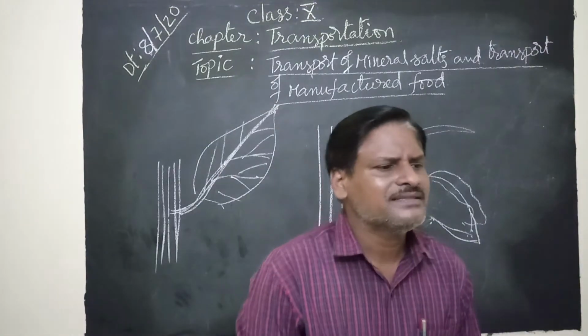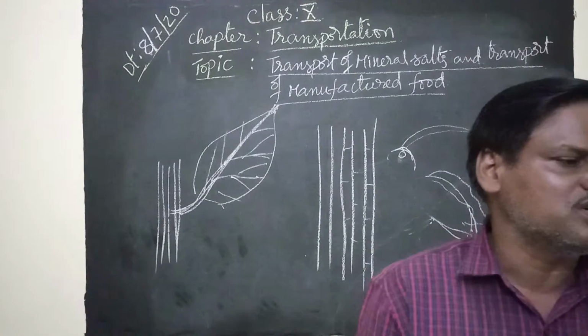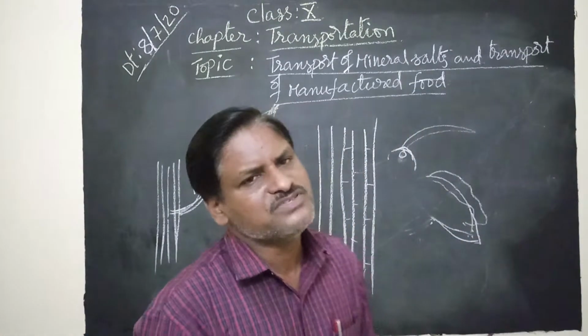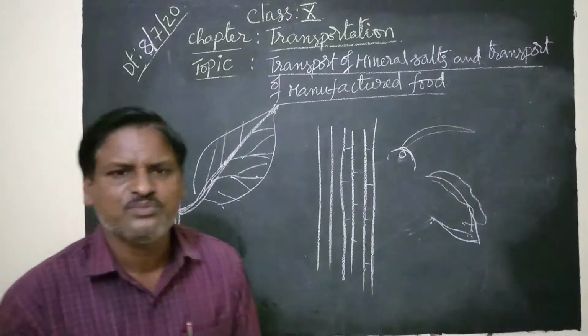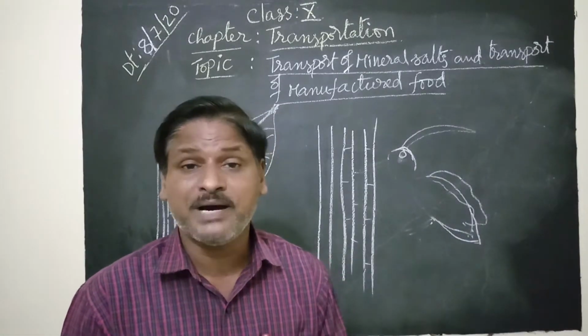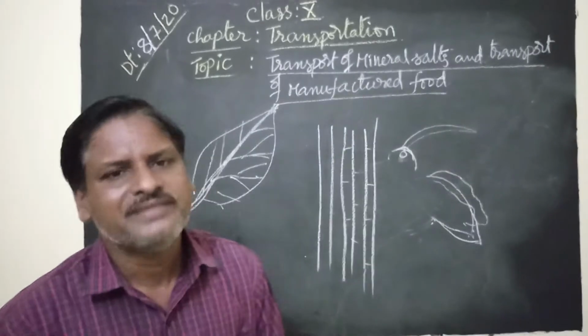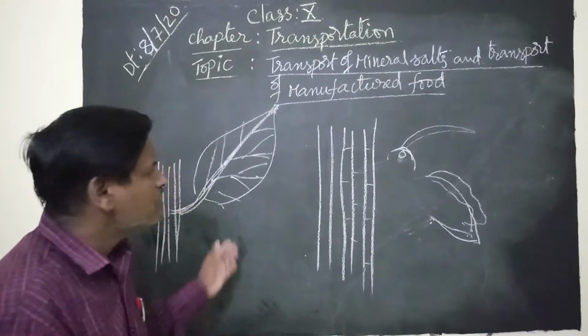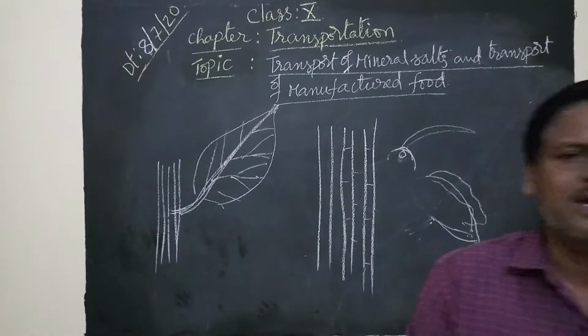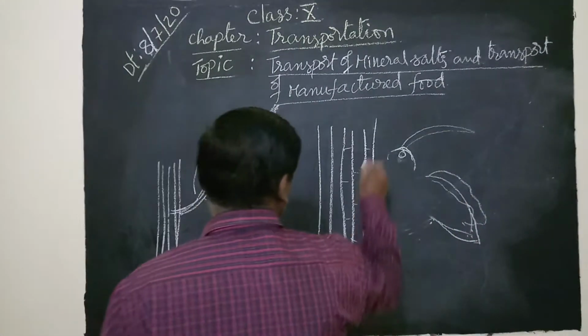Here the scientists observed how the phloem sieve tubes transport the food material to every part of the plant from the green parts of the plant. When they observed, they took one incident.